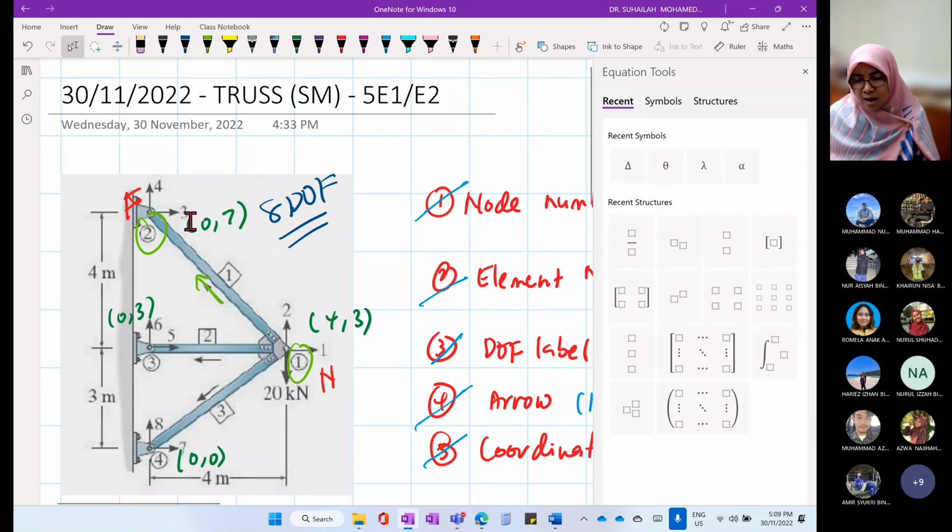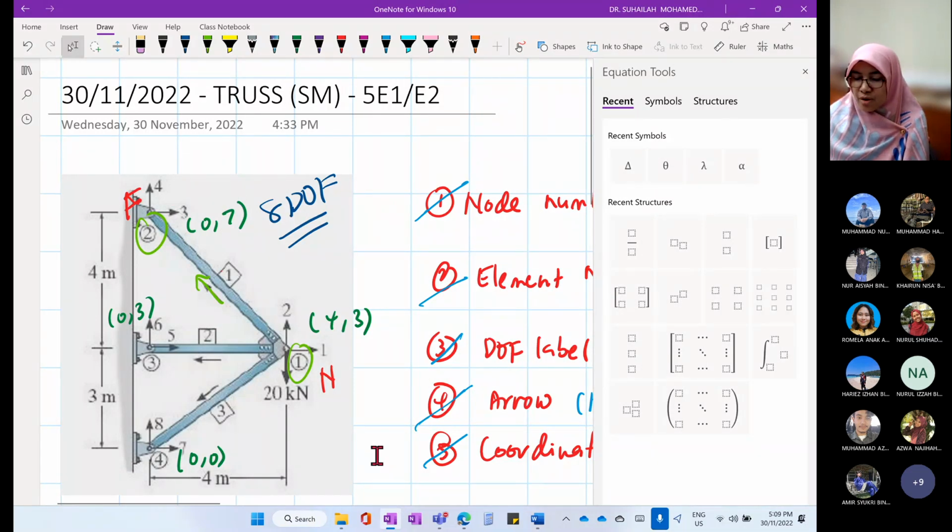What is the value for far x? Look at node number 2, because node number 2 is far. We define based on the arrow. So what is the x coordinate for node number 2? Yes, it is 0.